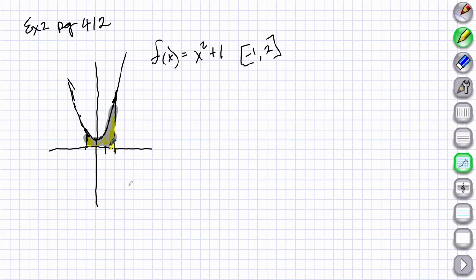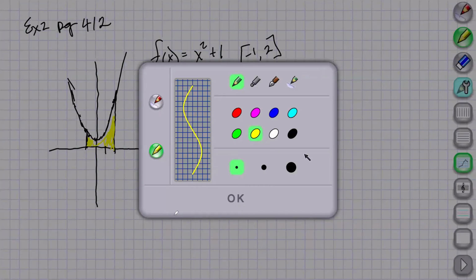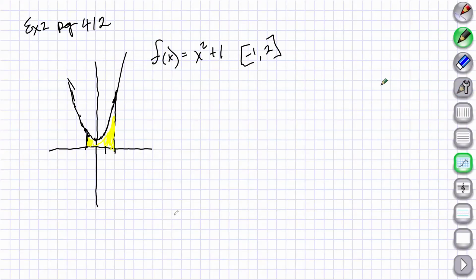That came out fancy. I don't know what happened there. Okay. There we go. All right, so they're looking for this area right under here.